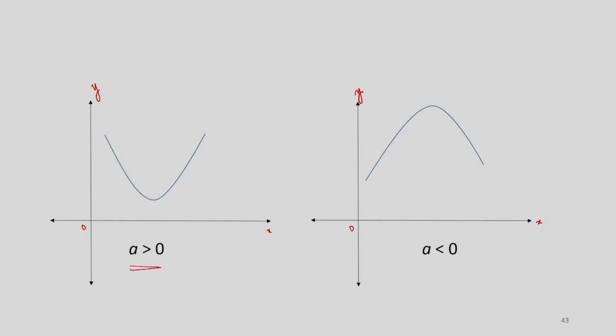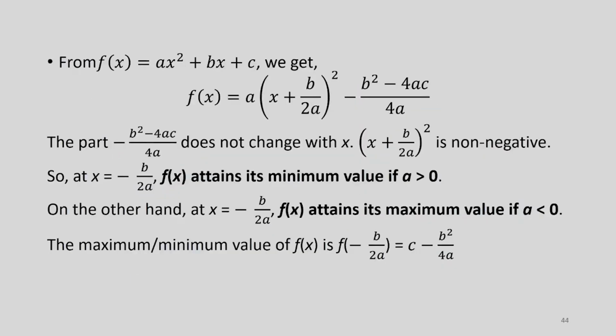On the other hand, if you have an inverted U shape like this, an upturned U, the a, which is the coefficient of x² in that equation, has to be less than 0. Okay, let us see why you need a to be positive and negative.